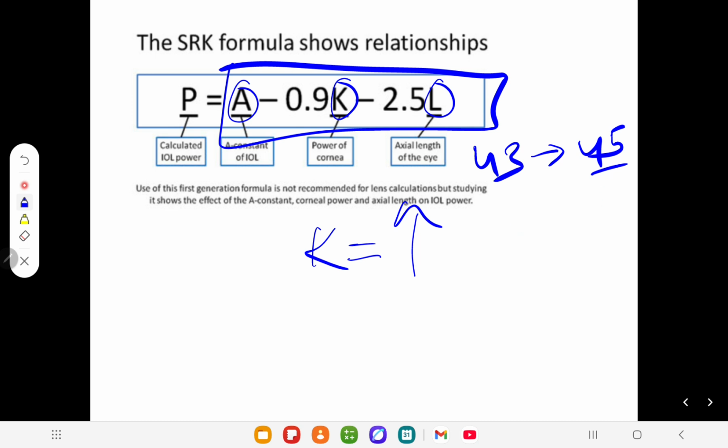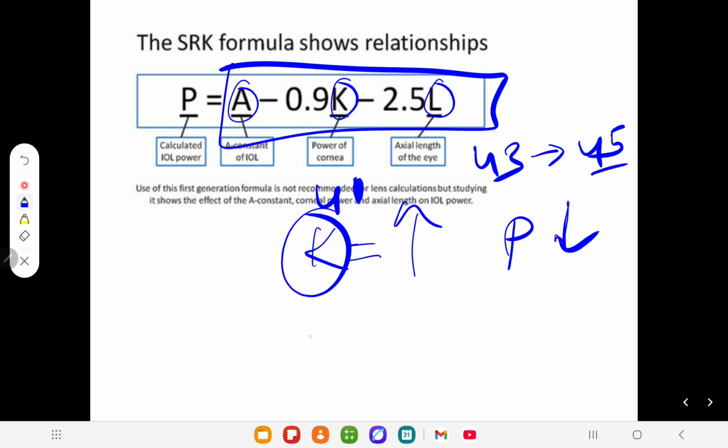If K increases, IOL power decreases, isn't it? It's very simple. If K becomes flatter, let's take an example, K is 41, then the power increases. Yes, simple. If K increases, P decreases. If the keratometry value decreases, power increases, isn't it?